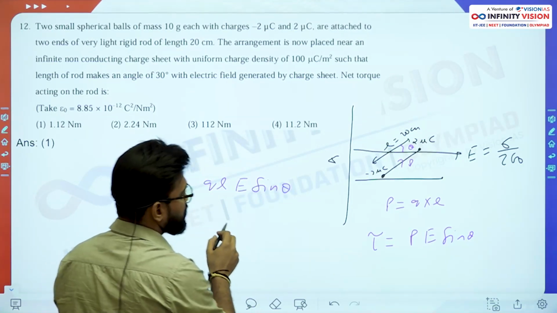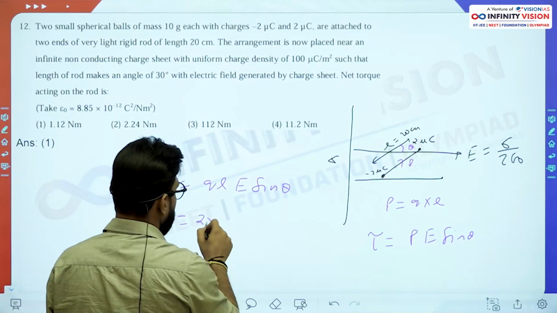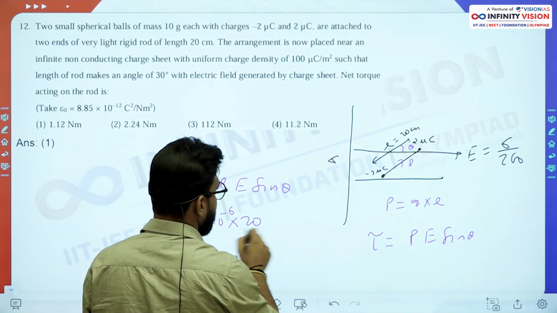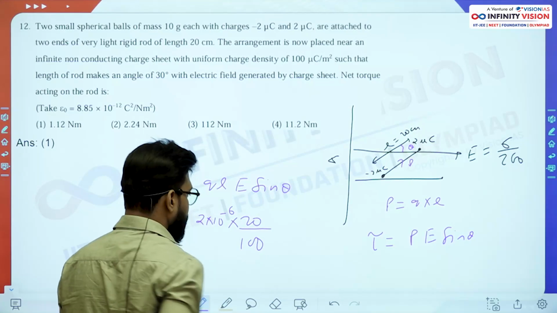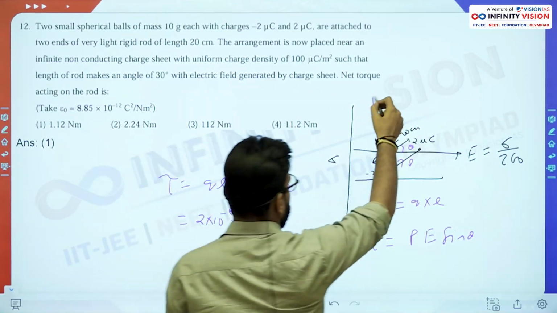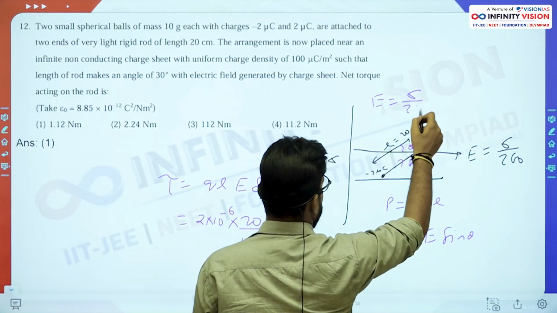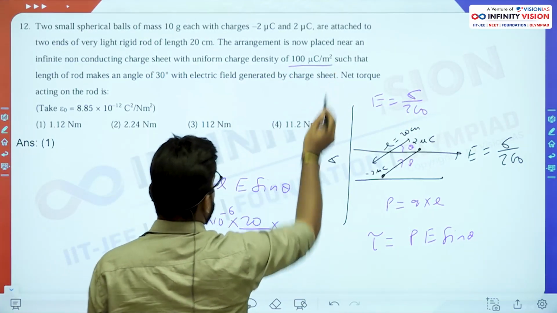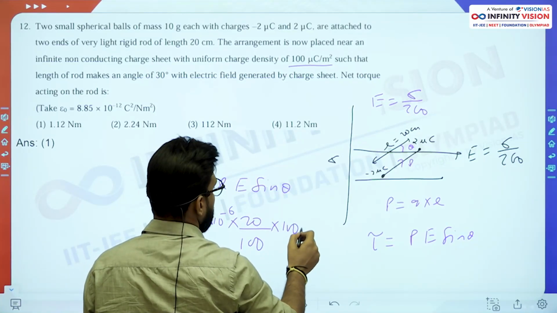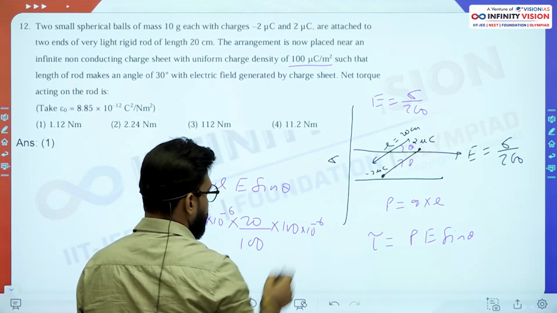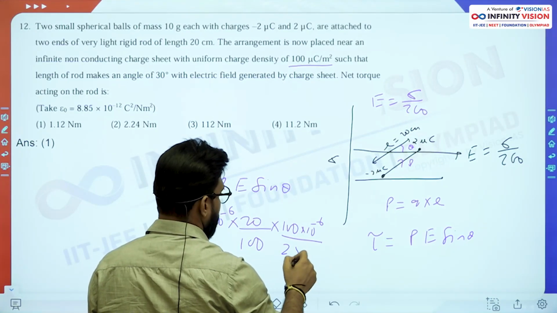Okay, charge is nothing but 2 into 10 raised to the power minus 6 coulomb. Length of the rod is 20 by 100, which is in meter, and electric field would be sigma by 2 epsilon naught. Sigma charge density is also given to you as 100 into 10 to the power minus 6 microcoulomb per meter square, sigma by 2 epsilon naught.